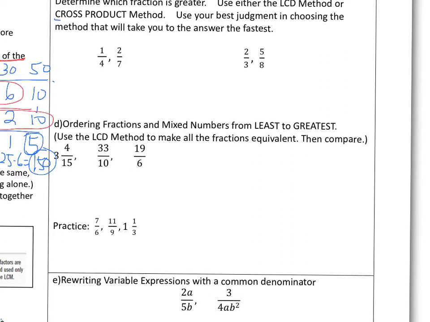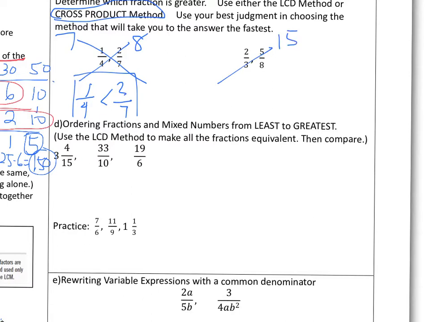I'm going to use the cross product method because it's the quickest. 8, 7. So 1/4 is greater than 2/7. Alright? 15, 16.